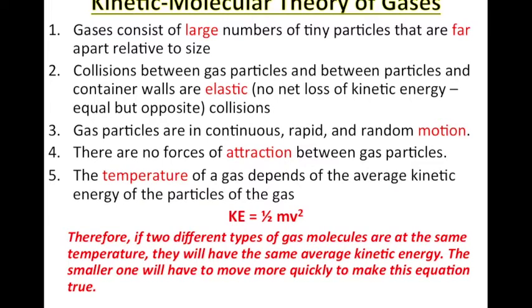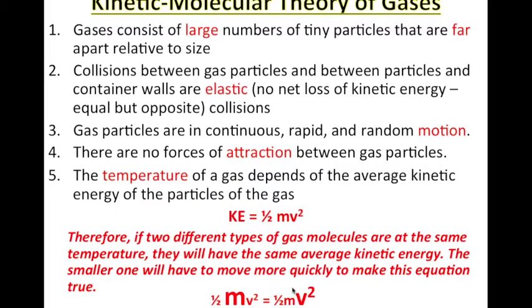However, that doesn't necessarily mean they're moving at the same speed, because they might have different masses, and because they are different gases, they do have different masses. So the smaller one will move more quickly or have a higher velocity. I've kind of drawn it out in this equation.